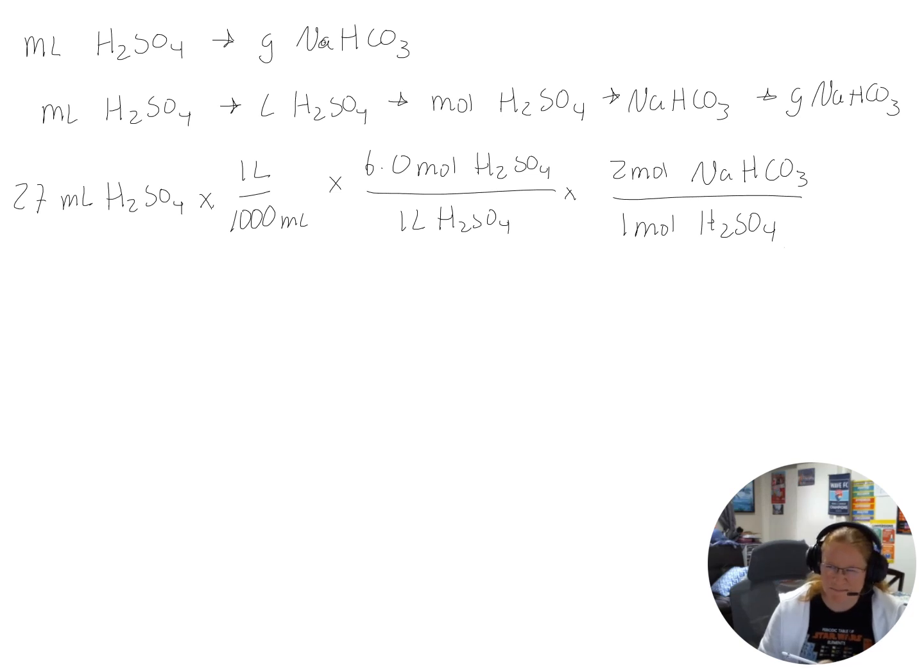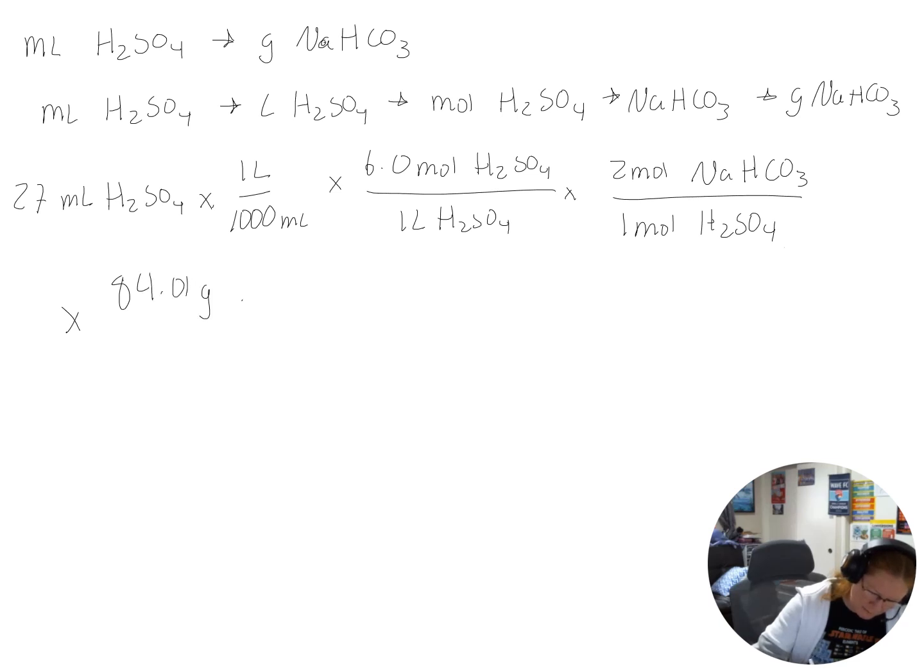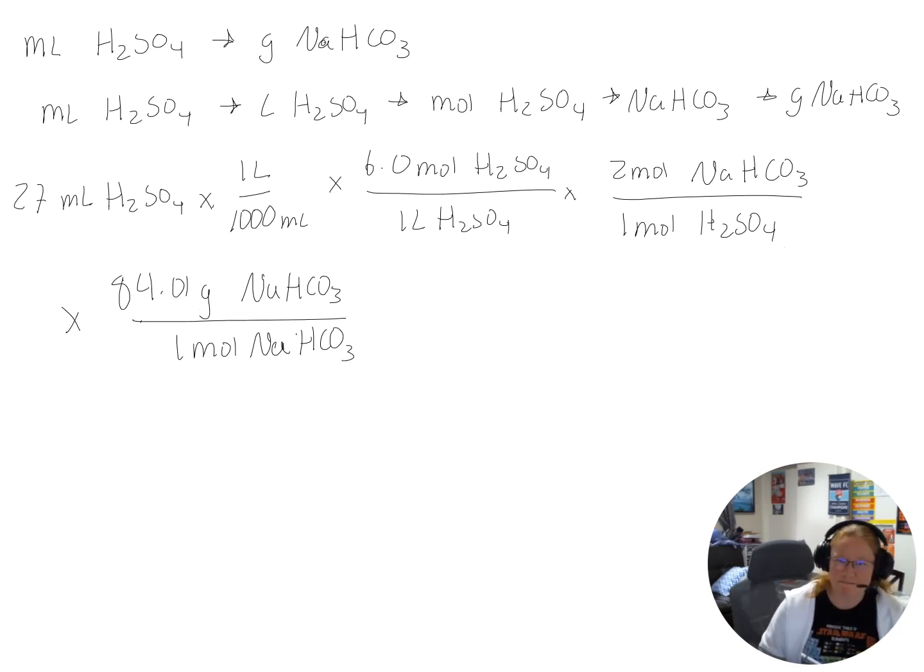I ran out of room, so I'll just add it down here. And then our molar mass, we have 84.01 grams of sodium bicarbonate for every 1 mole. Okay, looks good. Punch into your calculator. You should get 27.219. We have 2 sig figs, and you're going to get 27 grams.